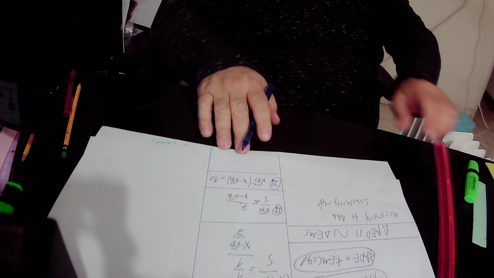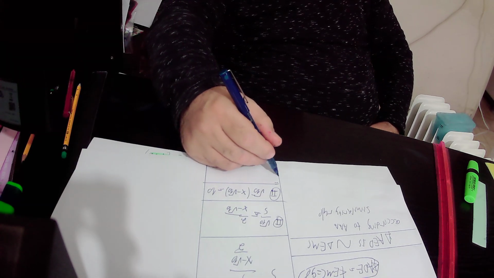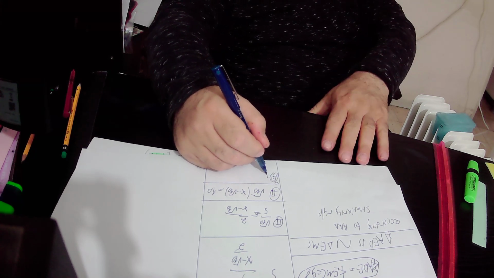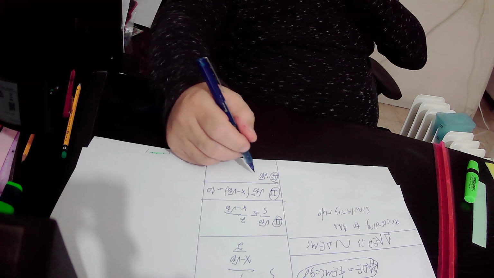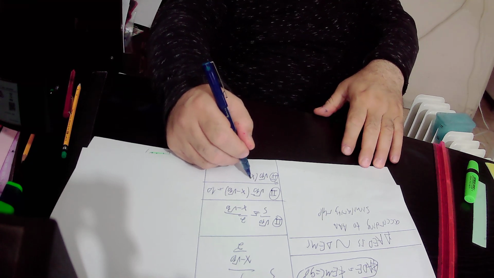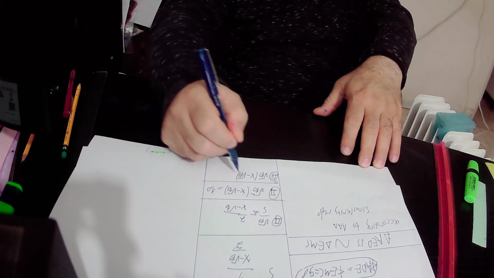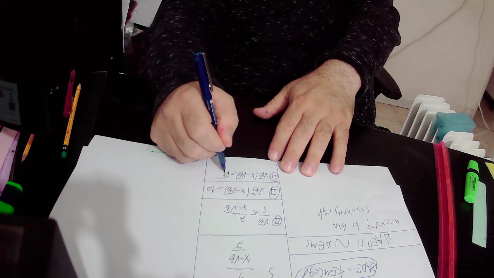And we'll get that according to equation number 2, square root of 10 times x minus square root of 10 equals to square root of 10 times square root of 10.